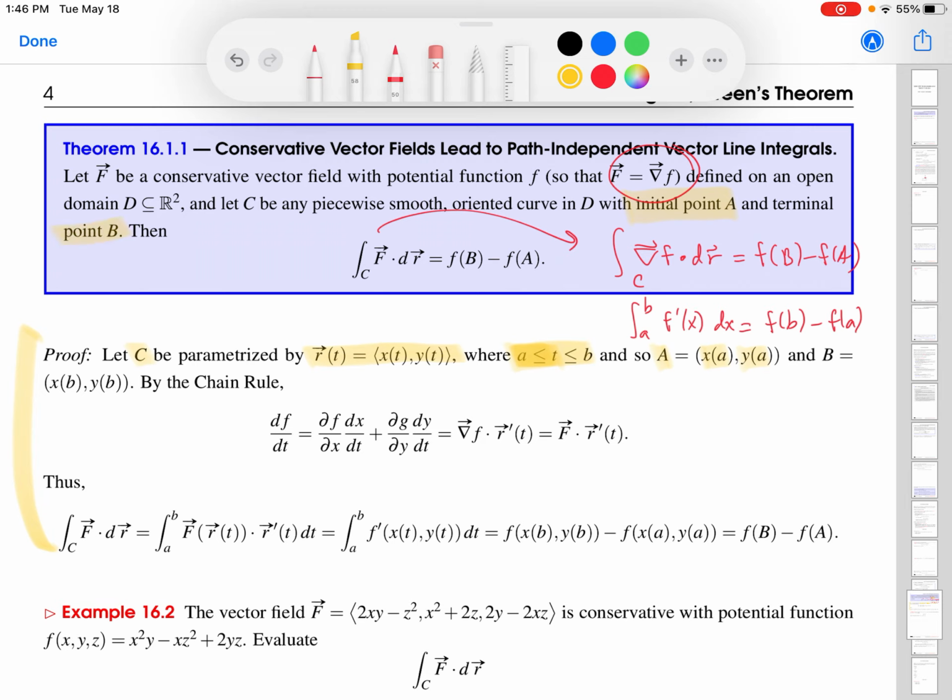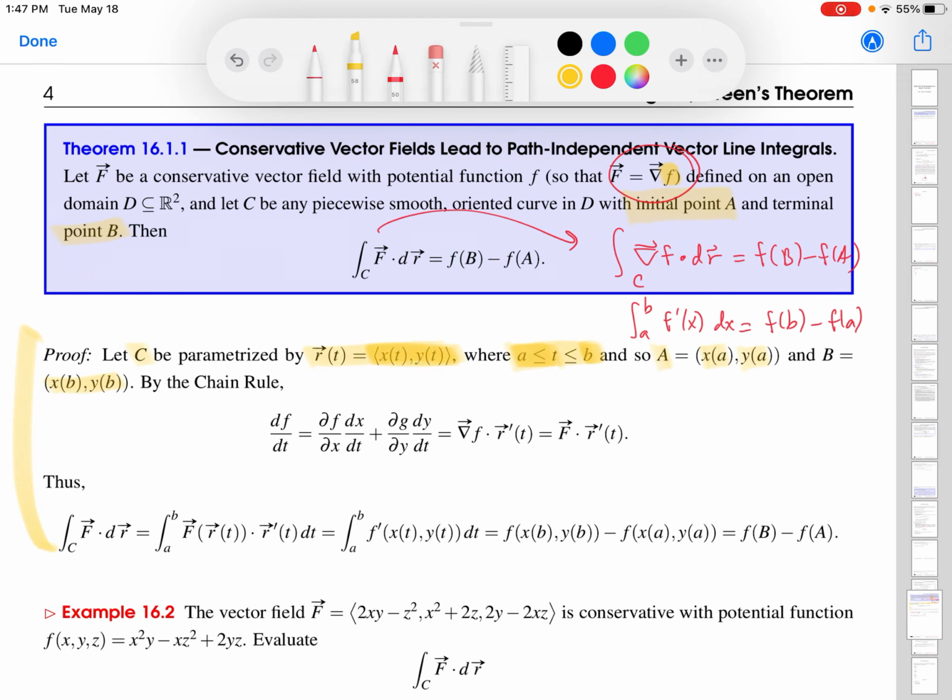And then the terminal point is denoted by B. So that must be x of little b, y of little b, because b is the last t value. Okay. So at this point, we are going to calculate the derivative of little f, the potential function. And we're going to use the multivariable chain rule. So little f is a function that depends on x and y.